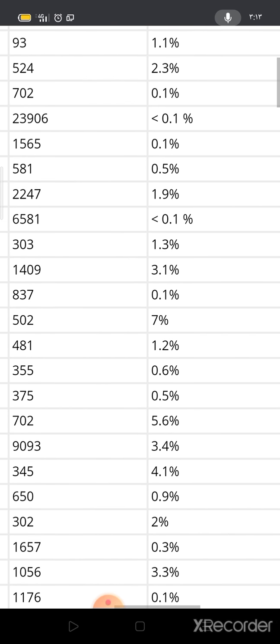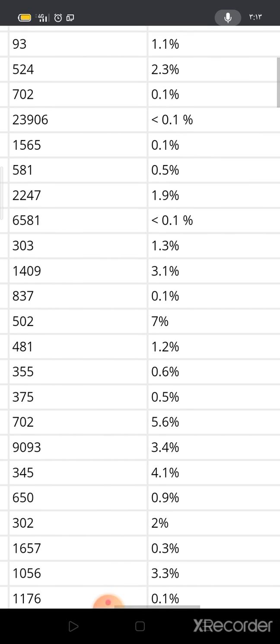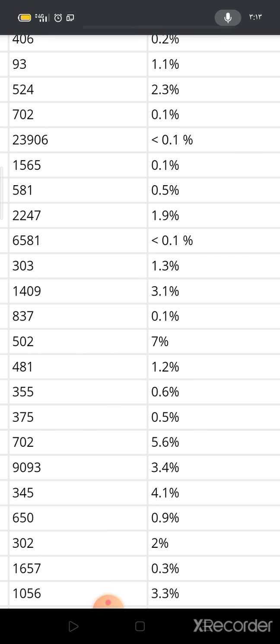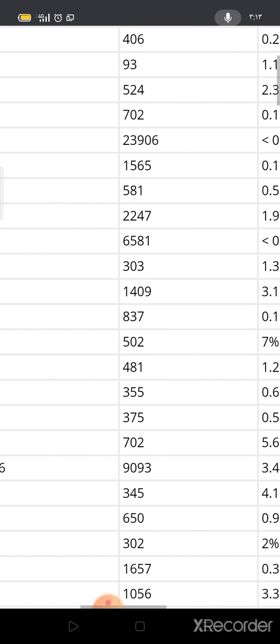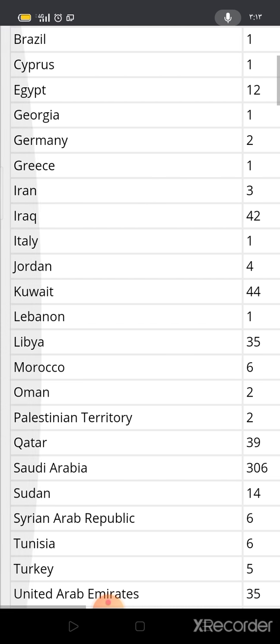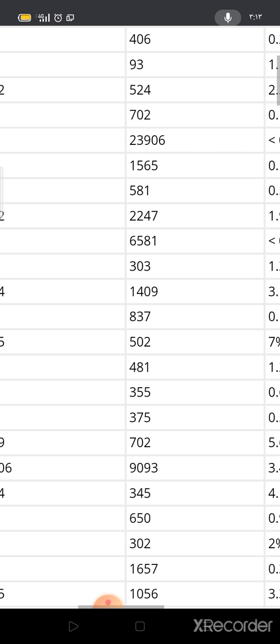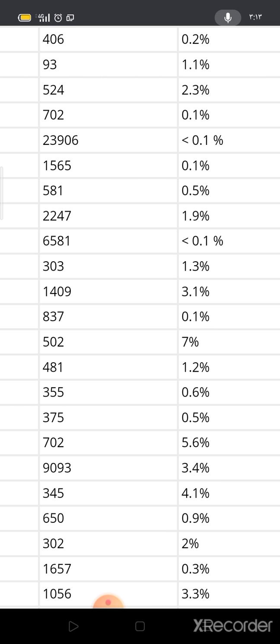For example, I'm sharing the same markers with a country at 7%, which is this country. This is a very high percentage. Libya, I share 7%. I share the same 12 markers with 7% of the Libyan testers.